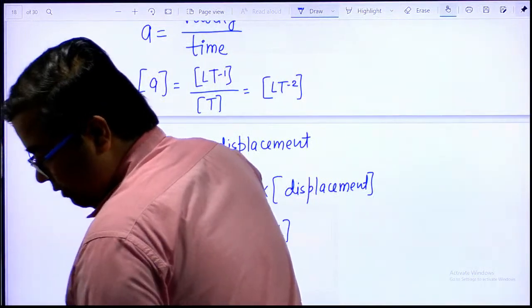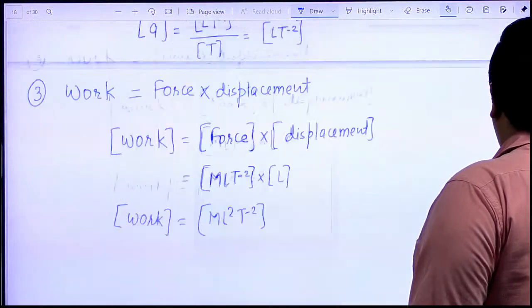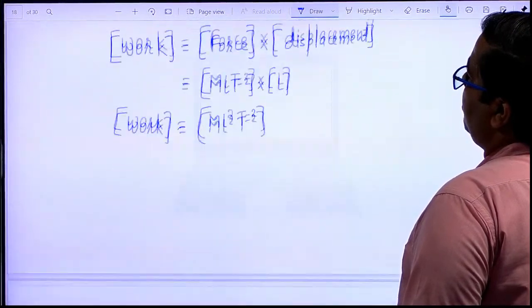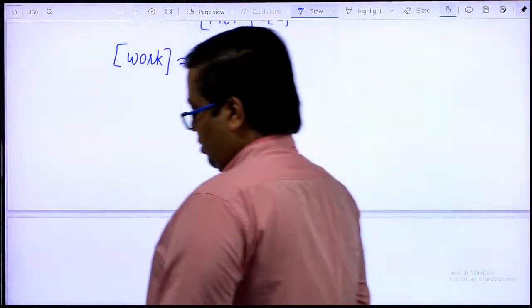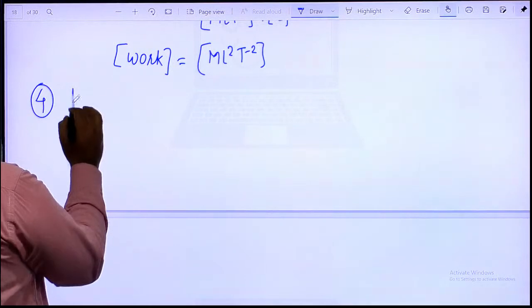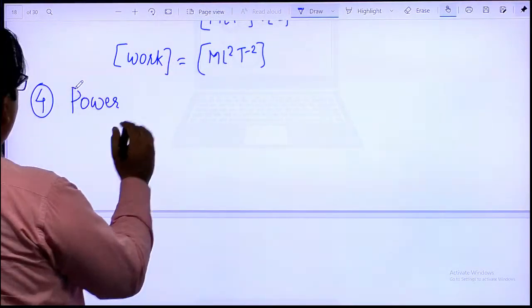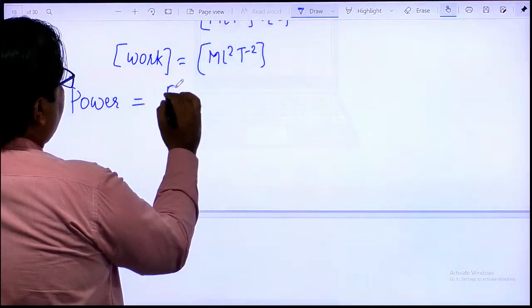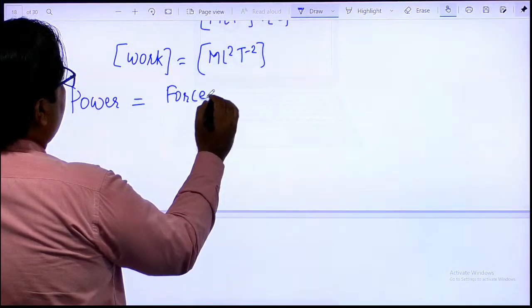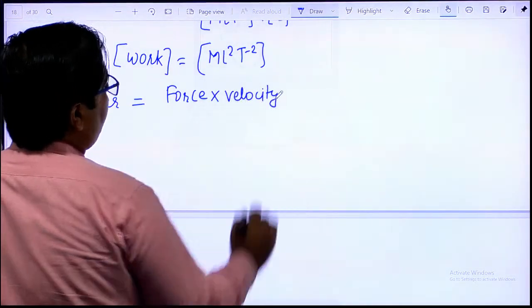Power, I'll find that, don't worry. Let's find the dimensional formula of power. So the fourth one is the dimensional formula of power. Power is force into velocity; this is how it's defined.